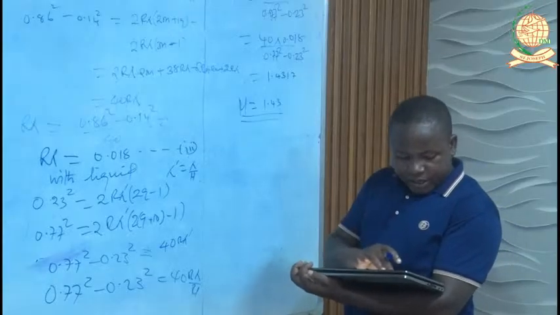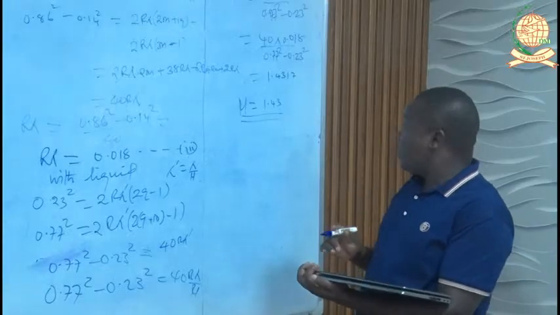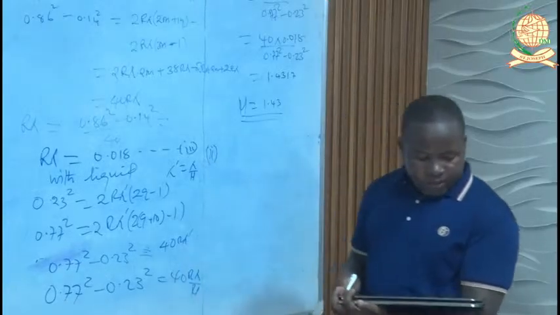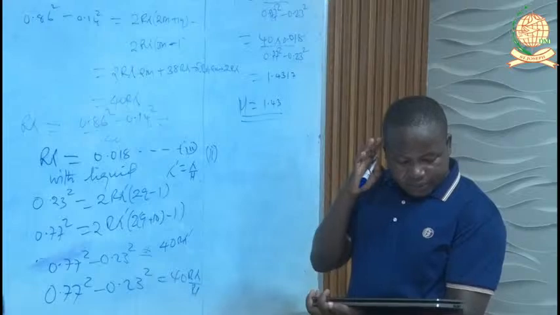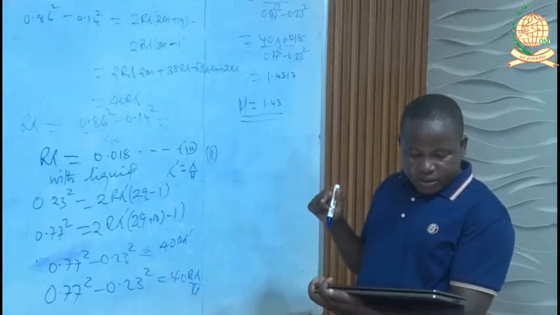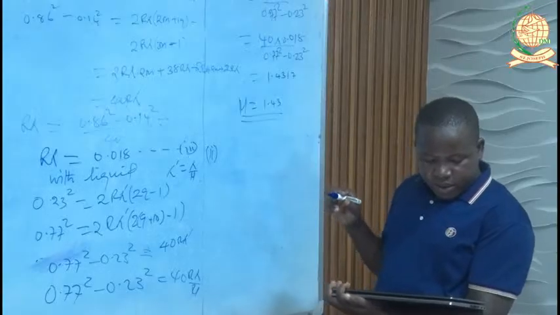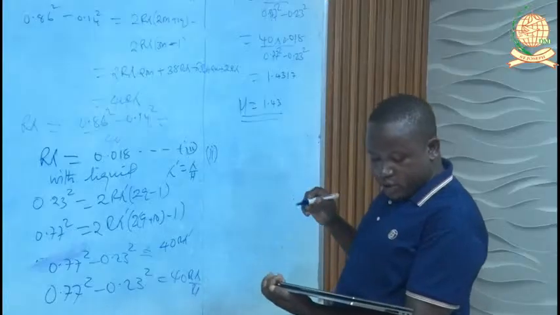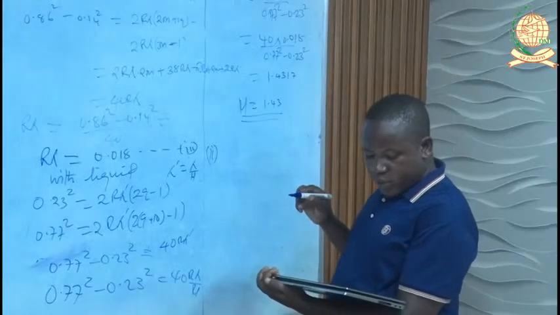If we move to the next question, Roman 2. The question is, the wavelength of light emitted by hydrogen in a star is found to be shifted.